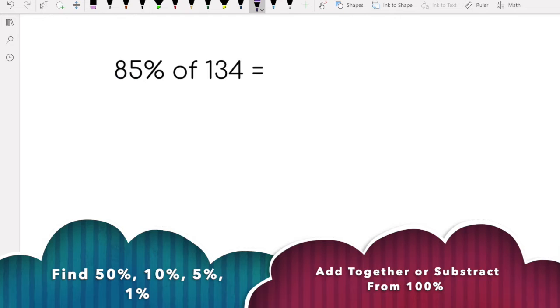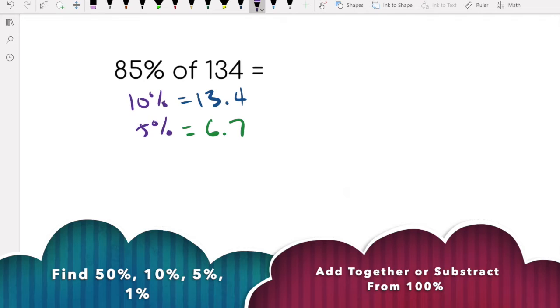Okay, 85% of 134. This is just like before. I'm going to find 10% and 5% and subtract it from 134. 10% of 134 is just 13.4. 5% is half of that. Remember, with decimals, just ignore the decimal. You're finding half of 134. This is 6.7, because 67 is half of 134.